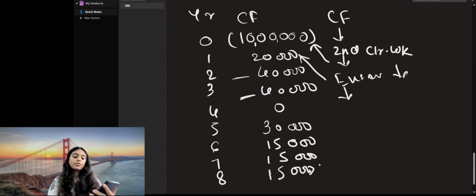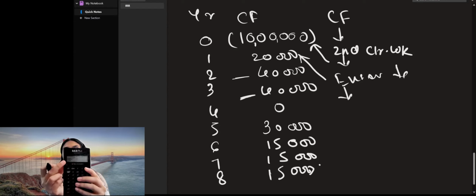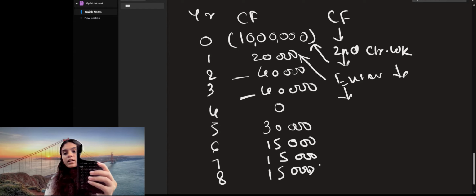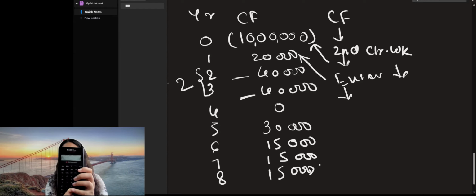So put 40,000 on your calculator, enter, arrow down. Now you get F02 and it is written 1, correct? If you're getting the same return for two consecutive years, then you will put 2 here and enter and down arrow.